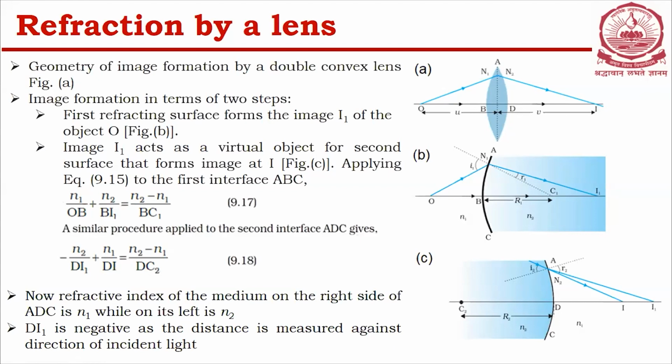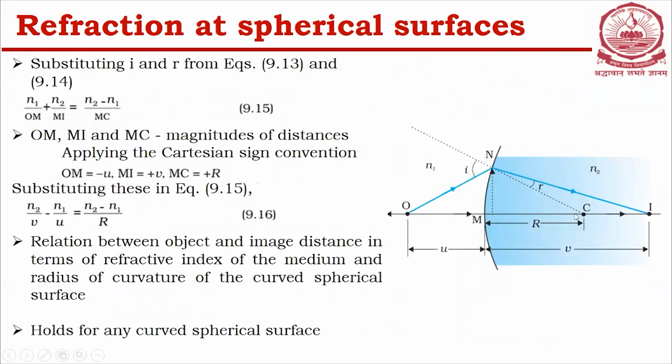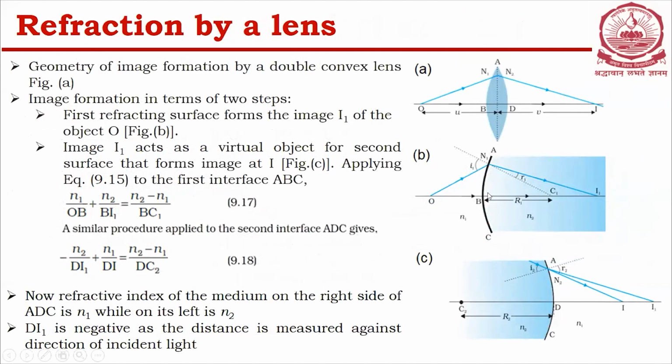To derive the Lensmaker's equation, it is very simple. First I will consider the left surface, that is the convex surface, and only this convex surface I am going to consider. It is similar to the spherical refracting surface you have seen earlier. I am going to write an equation for a spherical refracting surface, a ray of light going from rarer to denser medium.